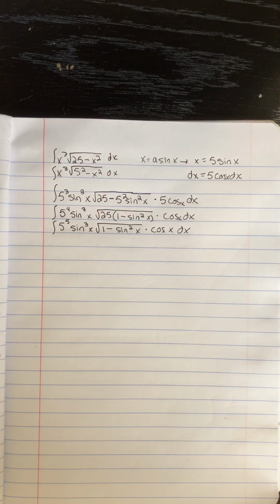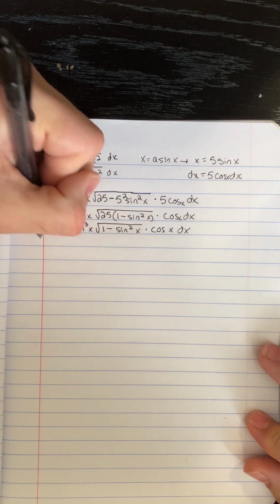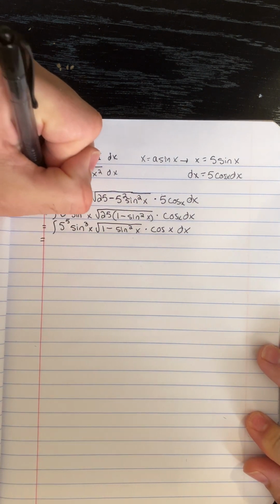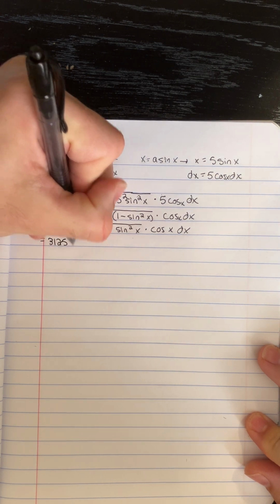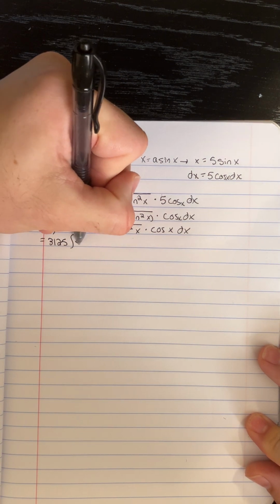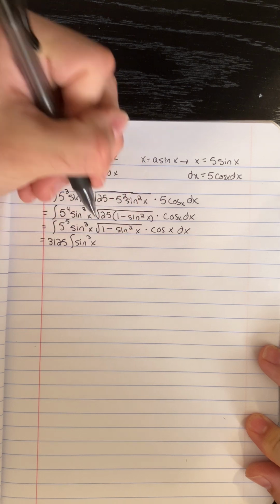We can bring 5 to the 5th outside of the integrand, and 5 to the 5th is 3,125. So from here, this is equal to 3,125 times the integrand of sine cubed of x.